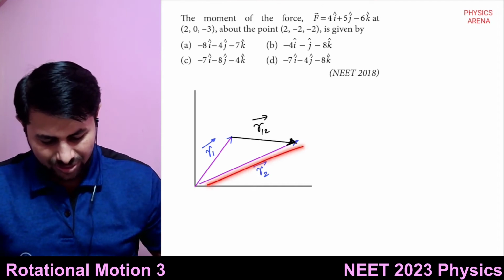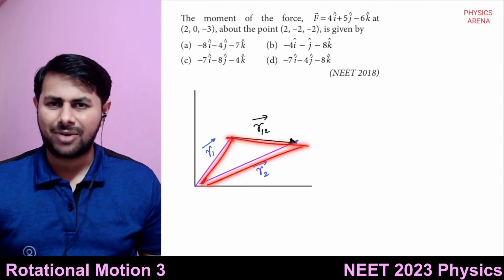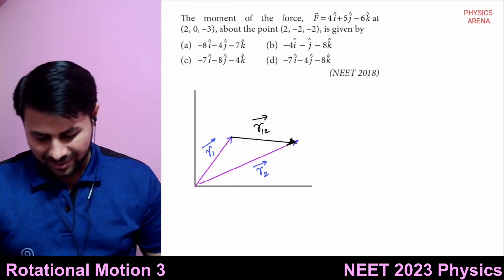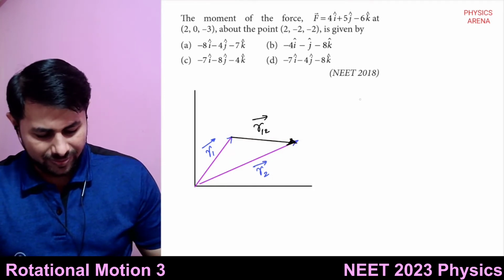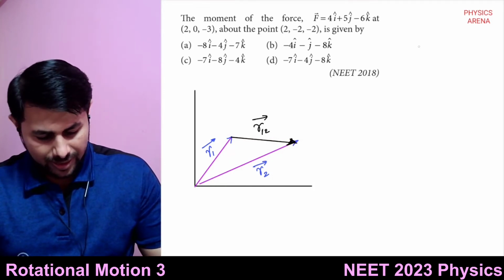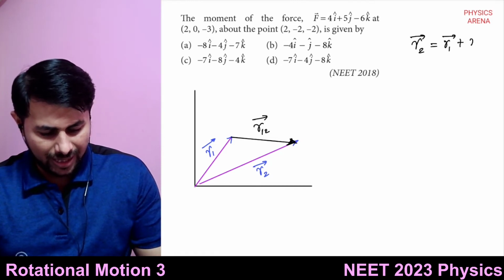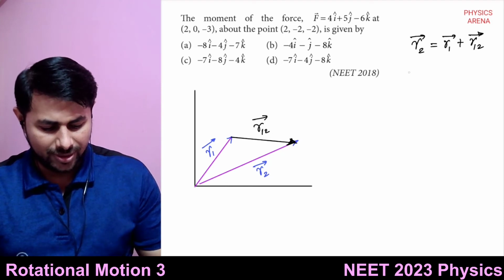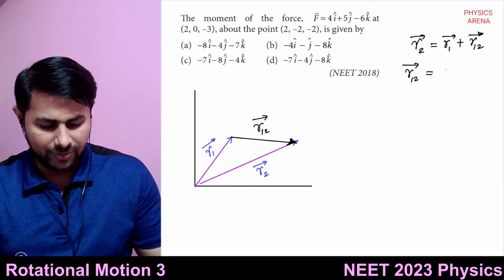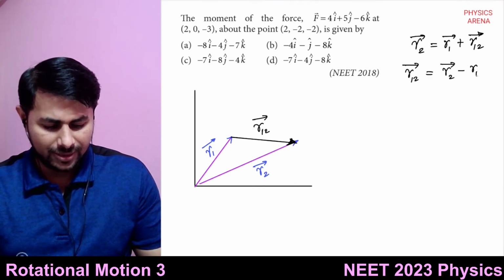So can you say R2 bar is equal to R1 bar plus R12 bar, right? This is by triangle law. So R12 bar is equal to R2 bar minus R1 bar.